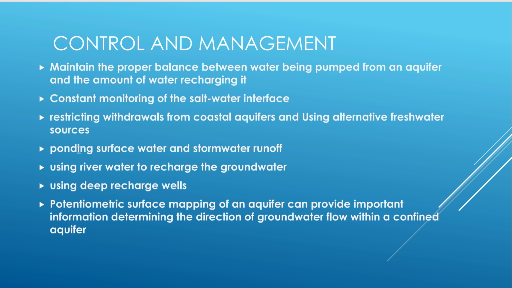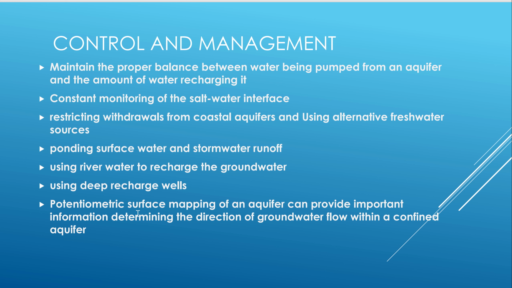Next is ponding surface water and stormwater runoff. Even we can collect the rainwater as an alternate source of fresh water. Next is using river water to recharge the groundwater. Using deep recharge wells.